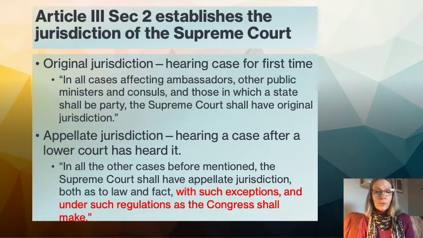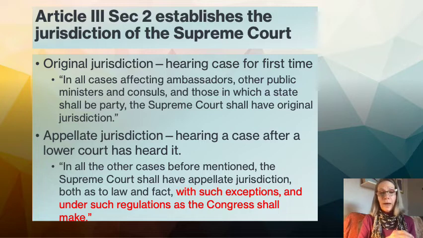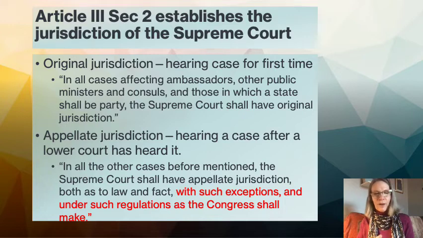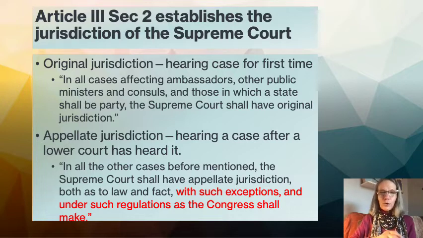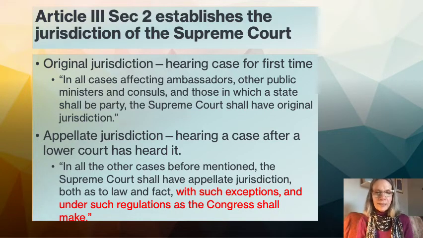Basically the Supreme Court has appellate jurisdiction, but Congress can actually step in and say, while you do have appellate jurisdiction in all of these kinds of cases, federal cases dealing with federal law and constitutional matters, Congress can strip or reduce that appellate jurisdiction by passing a federal law. Okay, let's not get too hung up on that because you're going to be reading more about it in the textbook.